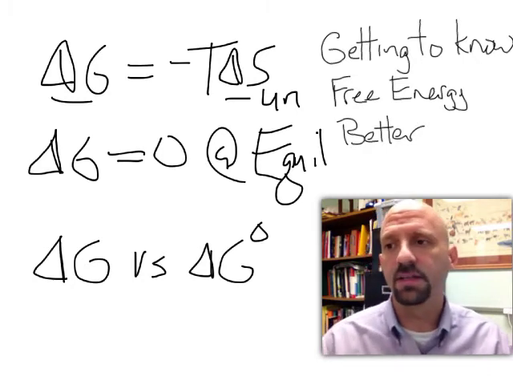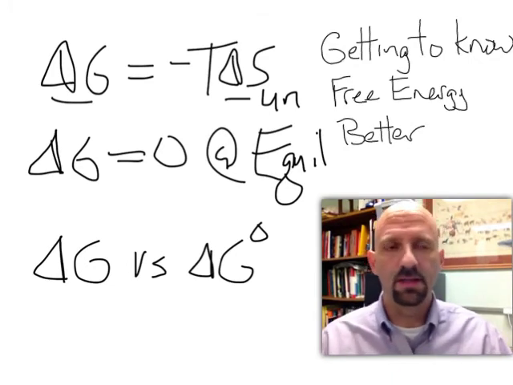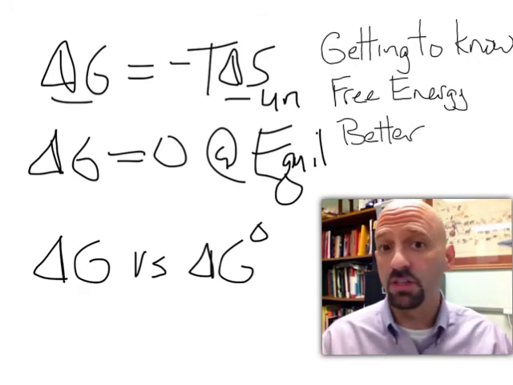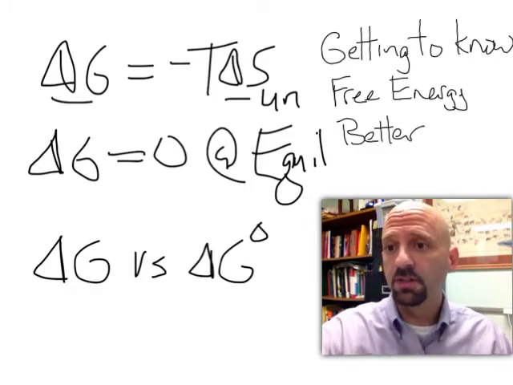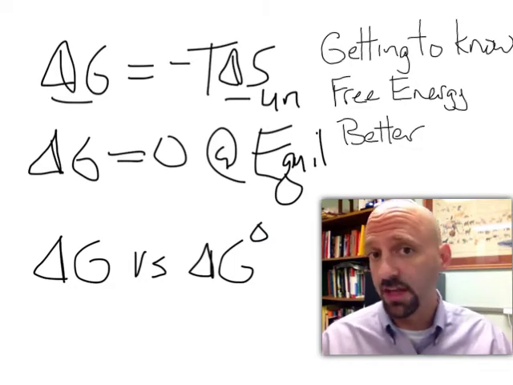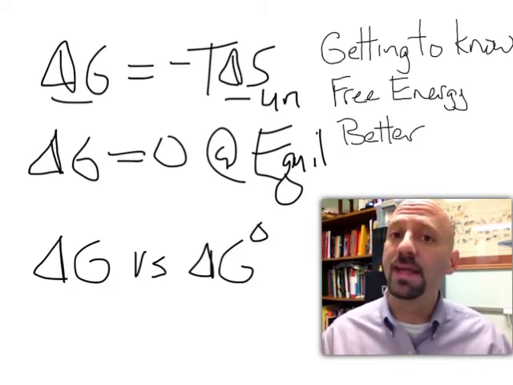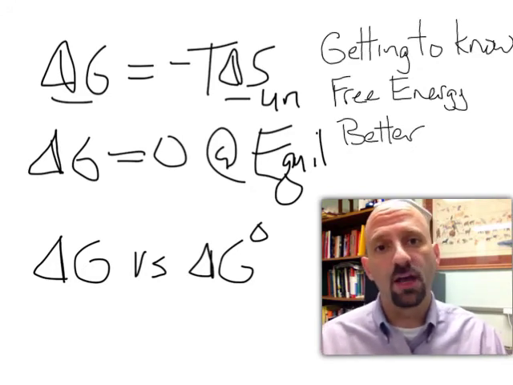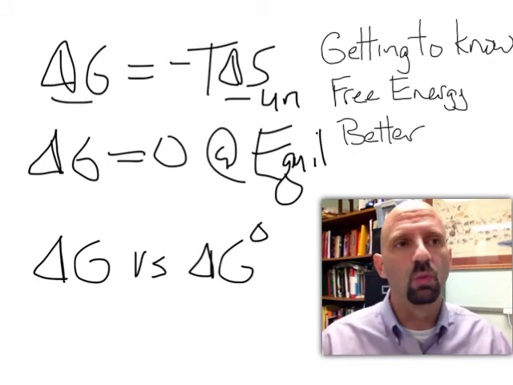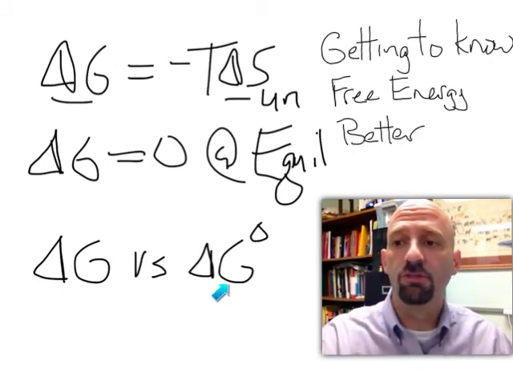Essentially, the idea is that delta G without the little superscript is the free energy change for a process without regard to specific conditions. Delta G with the little superscript 0, that refers to standard state conditions, being 25 degrees Celsius and 1 atm. Most of the time when we use the numbers in the back of the book in the appendix, or we might use Hess's law, we're typically finding delta G 0 values.